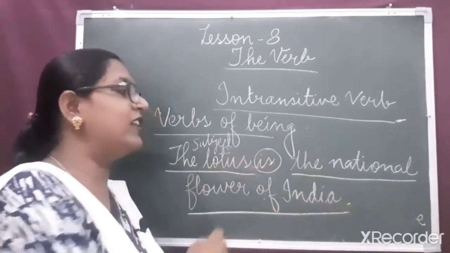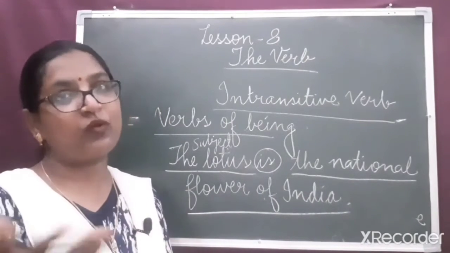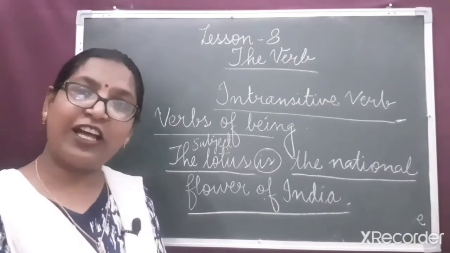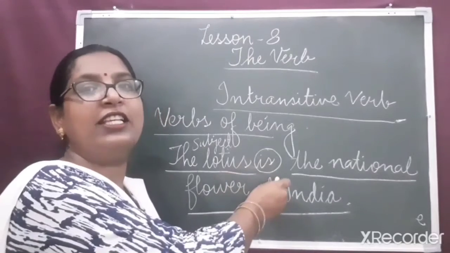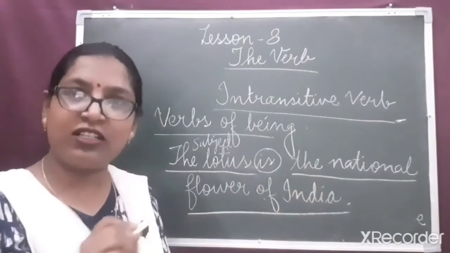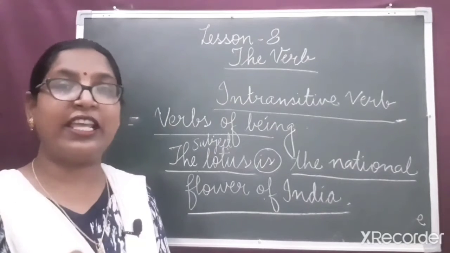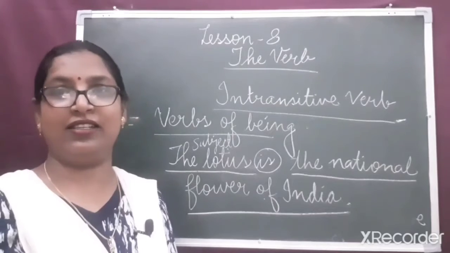Lotus itself is the national flower of India. When we say lotus, we know it is the national flower. When we say the national flower of India, we know it is a lotus. So in this case, answer of what is not considered as an object. We do not say it object, we call it a complement.